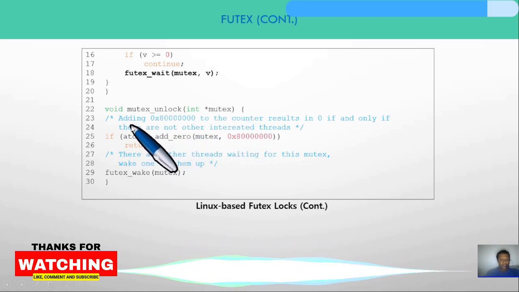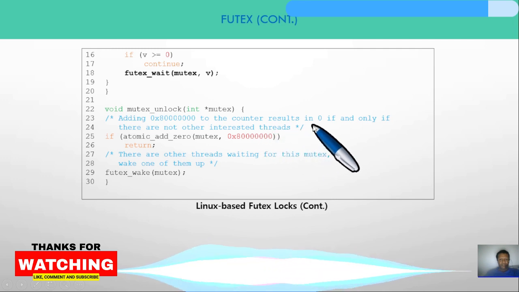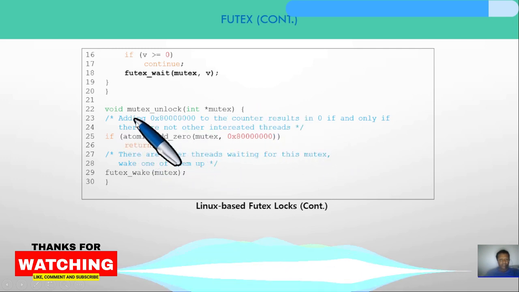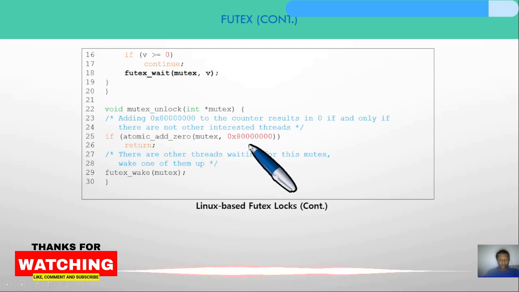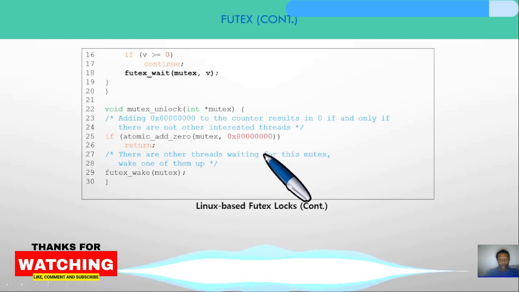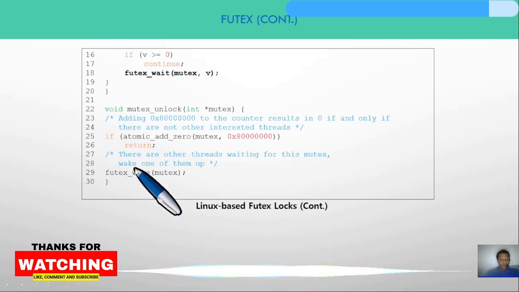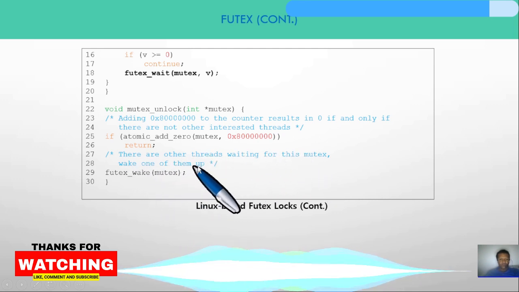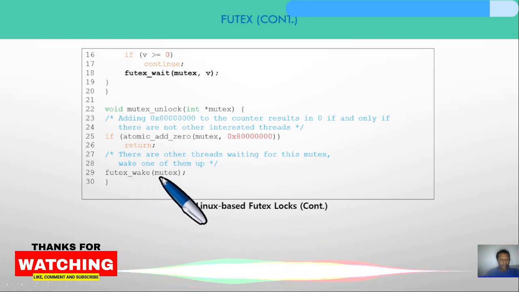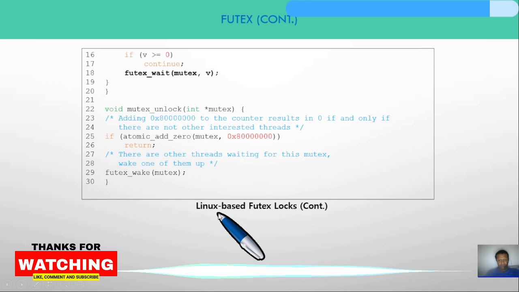As you can see here, adding this to the counter results in 0 if and only if there are no other interested threads. If atomic_add_zero of mutex and this number is true, it will return. Otherwise there are other threads waiting for this mutex, so wake one of them up. Then futex_wake is called on the mutex.